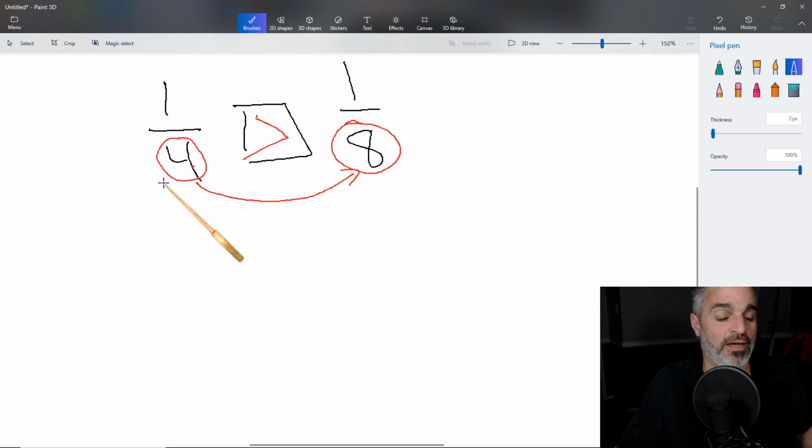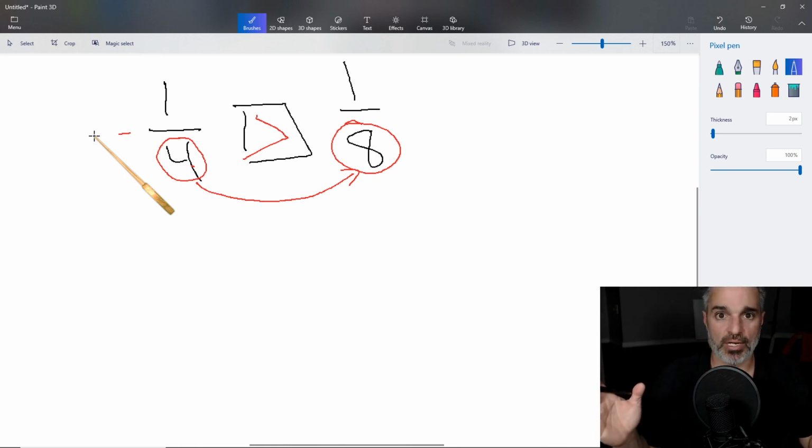Okay, but you know what? Just use benchmark fractions. Don't use common denominator. Draw the number lines and you'll be fine. We'll review the common denominator method in the classroom, but for now, just use the benchmark fractions or use the tiles. Okay, and that's it, guys.